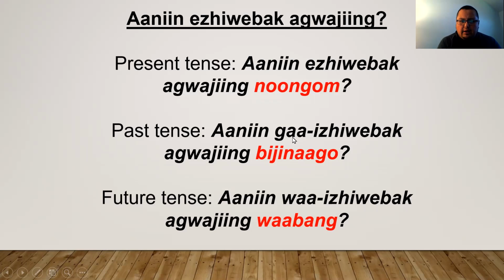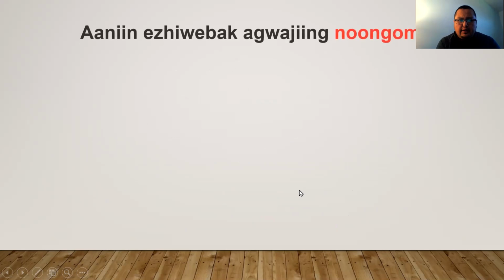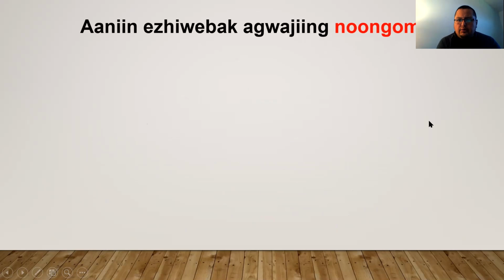Ga is past tense, wa is future tense. Ga is something that did happen or was, and wa is what will happen or anything that happens in the future. We're going to see a pattern here when we get into it, and we'll just get right into noongum.